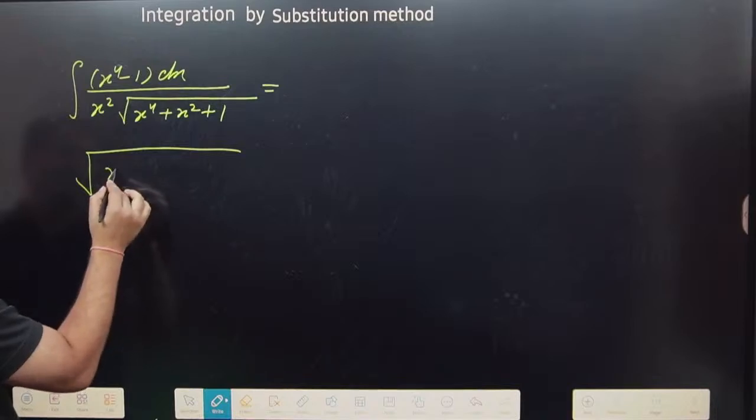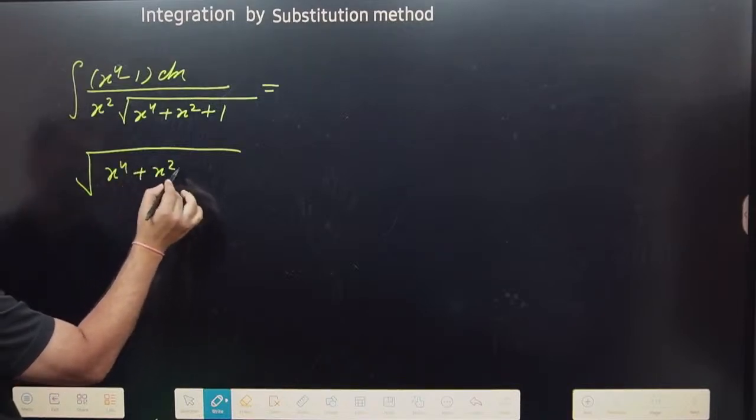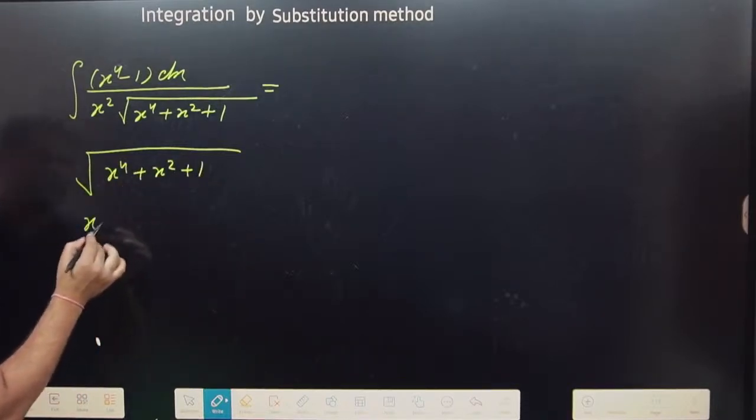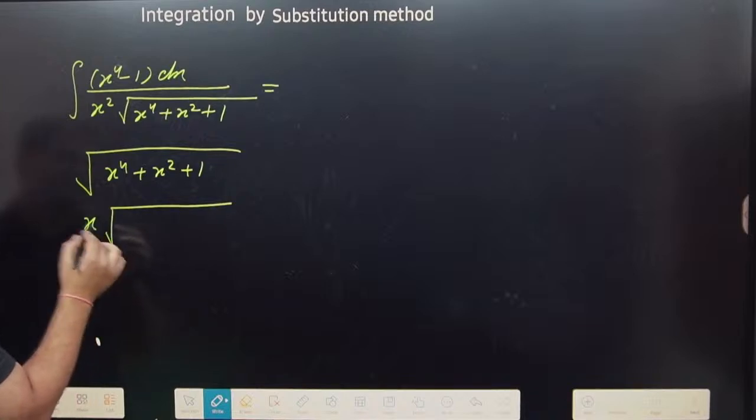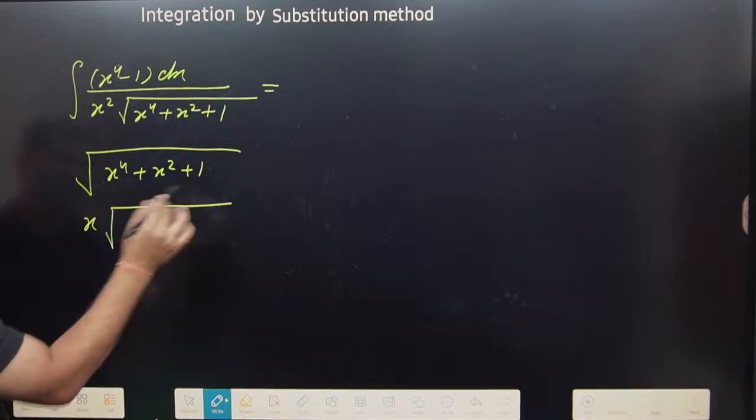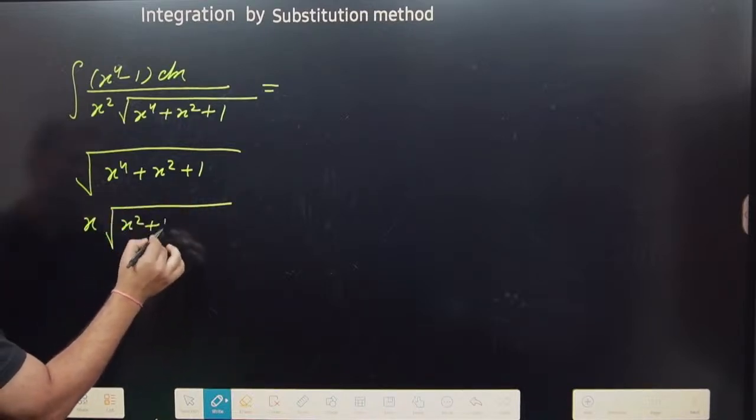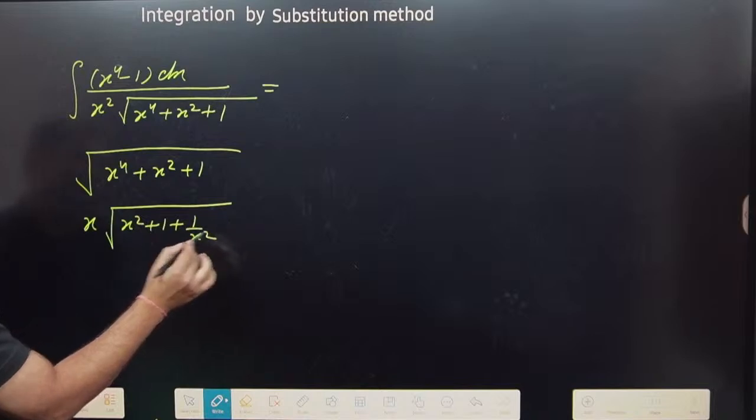Here x to power 4 plus x square plus 1. If x square is common, meaning divide by x square, so we get x square plus 1 by x square plus 1.